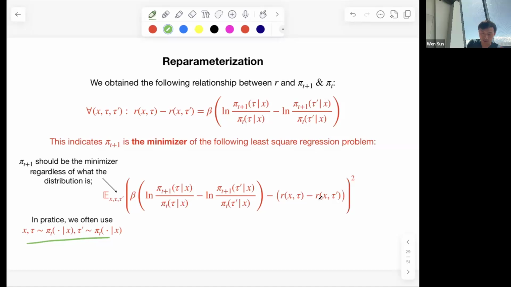Meaning that we're going to sample the prompt from the prompt distribution, and then we're going to sample 2 responses independently from the current policy pi t you have. Okay. And this is the relative reward, which is trying to model how much better tau is compared to tau prime, or how much worse tau is compared to tau prime.